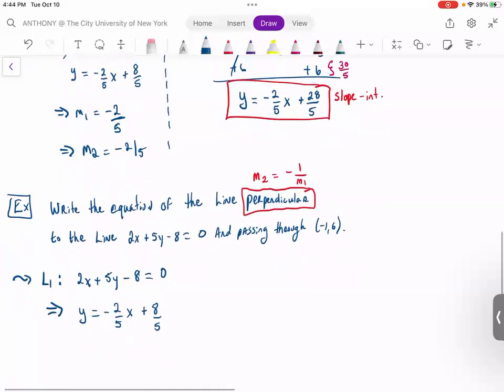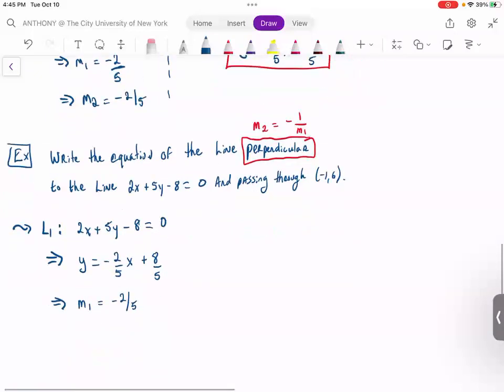And we also saw that this line has a slope m1 of -2/5. So if m1 is -2/5, what do you think m2 is going to be if I'm dealing with two lines that are perpendicular? That's right. You negate the negative sign, so two negatives make a positive, and then you flip the fraction. When you put it all together, you get 5/2.